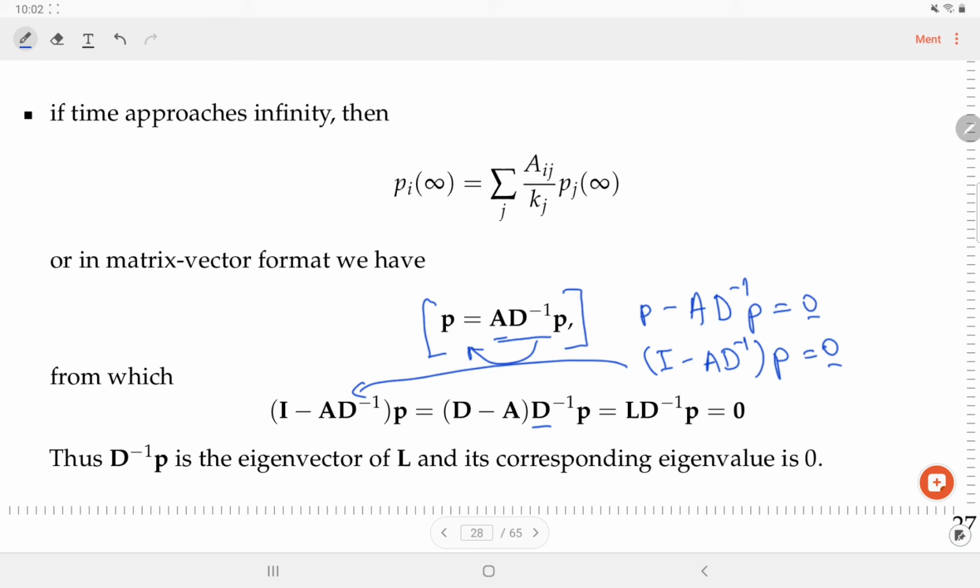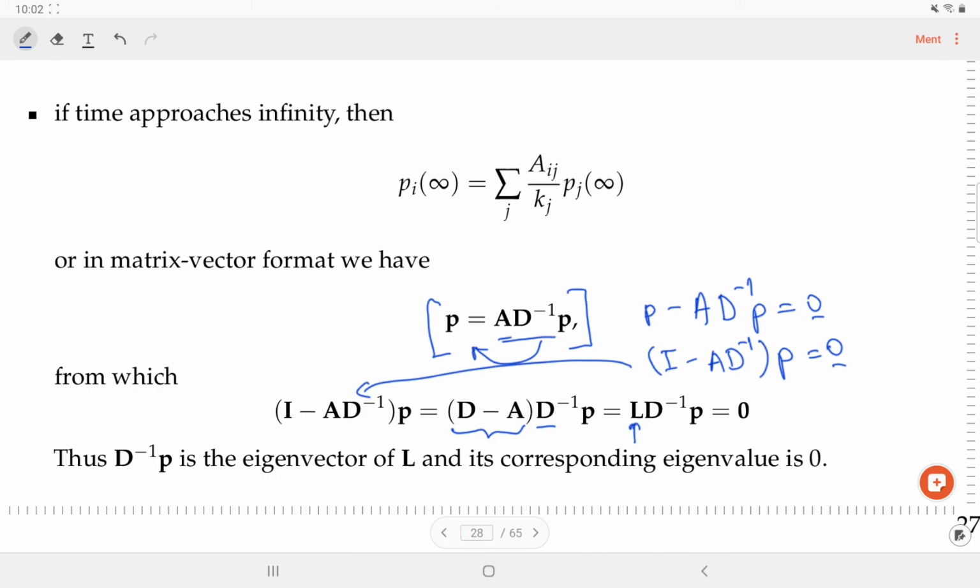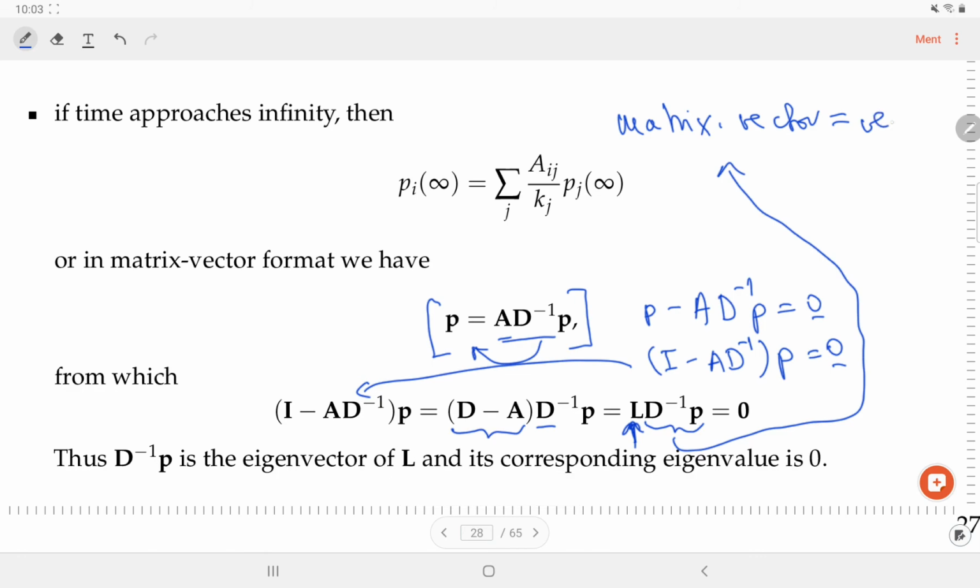Now we can denote this matrix D minus A as L. L is just a notion right now, but you can also see that this is a matrix, and this one is a matrix times a vector, which is actually a vector.